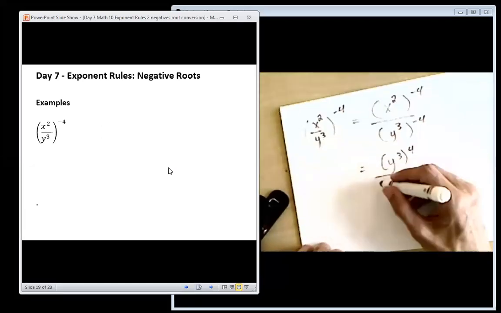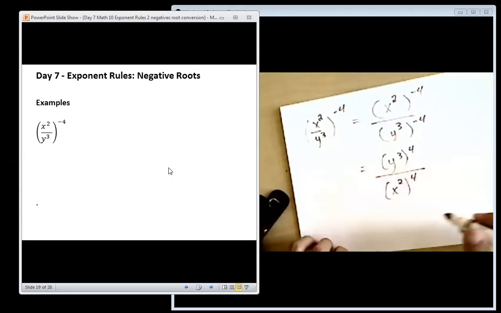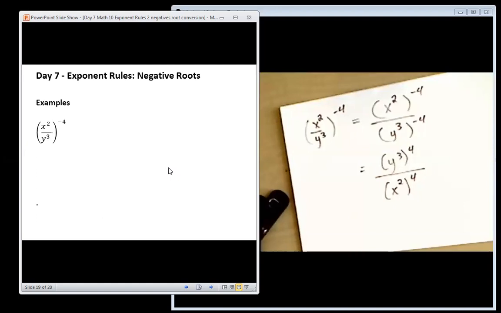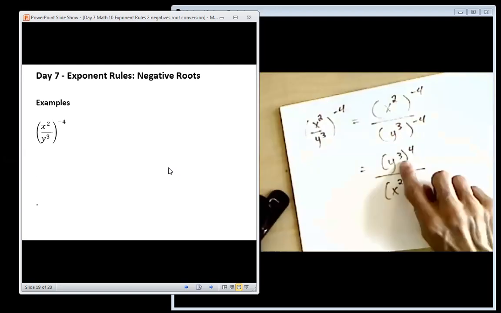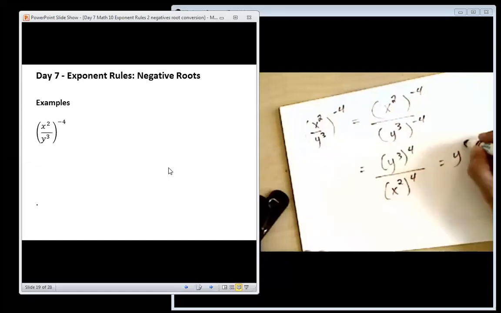And then the x squared will have a +4 because it's switched or twisted down to the bottom there. Yeah, good. It's almost there. All right, what can you do next? Last step, basically. Think about yesterday's stuff. Yeah, 4 times 3 because of the brackets in between there, right? Nice. Nicely done. So we get y to the power of what?